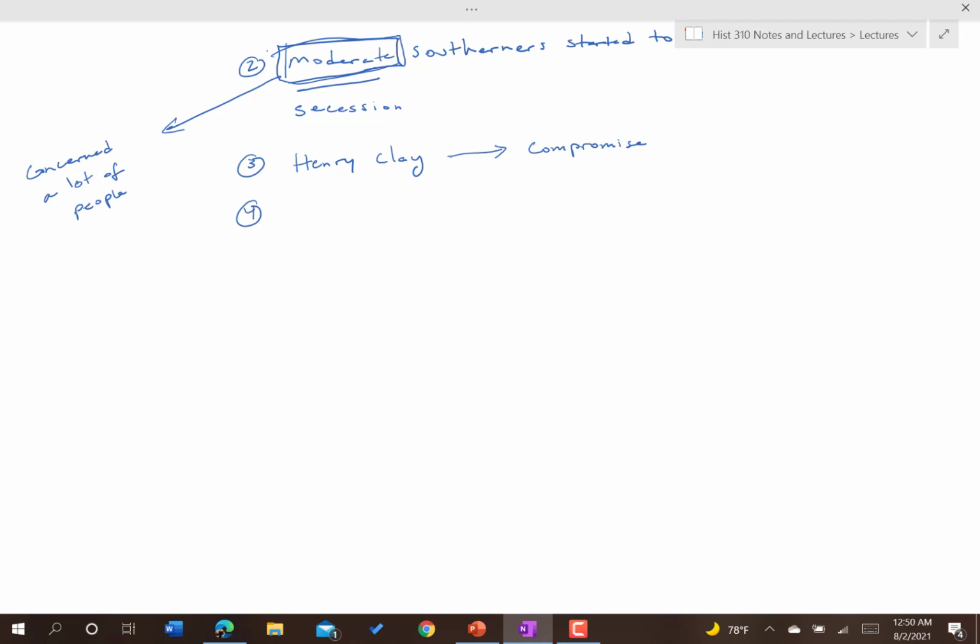There were 5 separate bills. Sometimes it's written as 6 in terms of a slave trade versus slavery. I'm just going to combine them so that it's 5. I think on the PowerPoint I gave you it says 6, but I'm really just combining 2 of those into one.